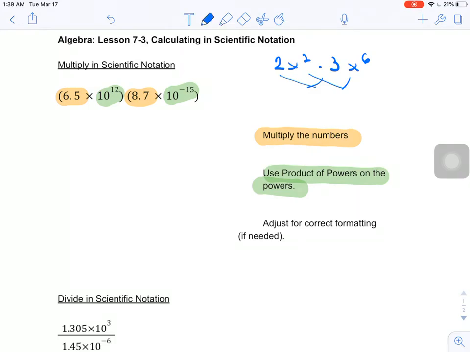So we're going to go ahead and do these two steps. If we multiply the numbers, that means we need to do 6.5 times 8.7, and that's going to give us an answer of 56.55.